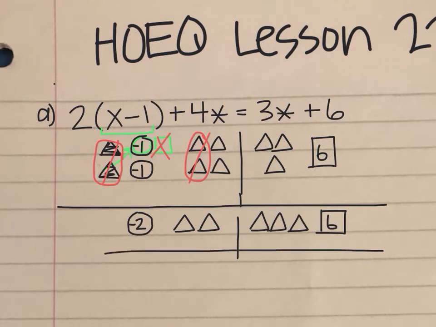So I'm thinking it makes sense to take 2 stars off of the left and 2 stars off of the right. And as I look at what I have left, it would make a lot of sense to try to cancel out the 6 and leave this star behind. So I am going to bring something in to do that. I am going to bring in a negative 6 on the right.